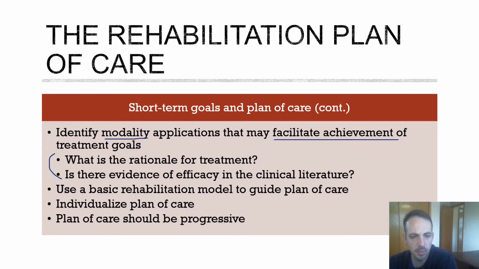And it is important that we not only use the basic rehabilitation model, but individualize that to our current situation so that our plan can be progressive. The idea needs to be that we include new modalities and discontinue other modalities that are no longer warranted because we've already reached the goal that they were intended to treat.